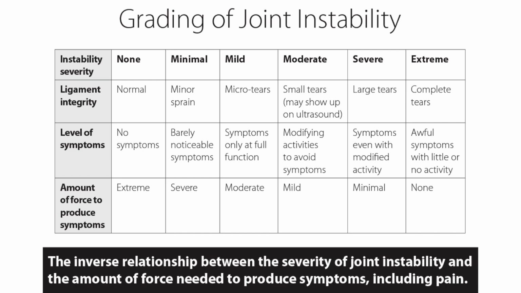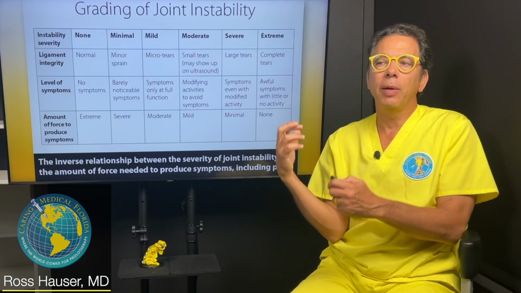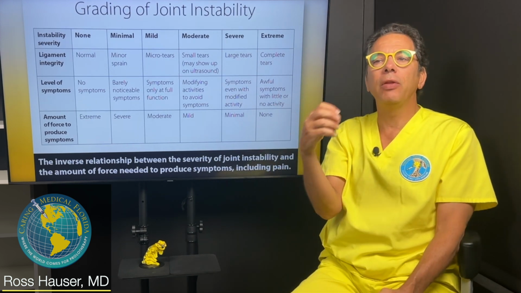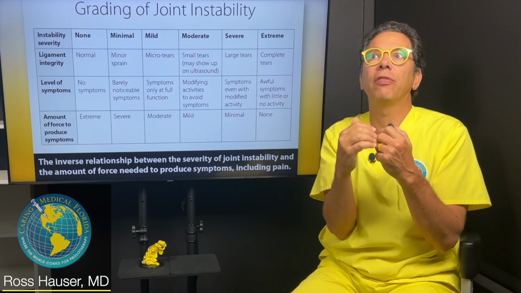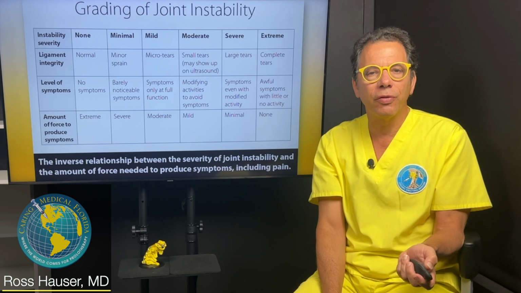But if you have Ehlers-Danlos syndrome, and they've shown that if you have ligamentous laxity all over your body, your hip ligaments, your hip capsule is much thinner, like it's 50% less thick than, say, mine. So you can just do a little bit of activity, like I'm going to go for a walk for a mile, and your hip hurts.